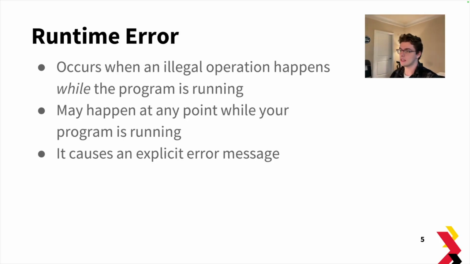That's this exact concept, a runtime error. It may happen at any point while your program is running, and it will cause an explicit error message, just like syntax errors. These are a little harder to find. If you have a large program with lots of different branching paths, say a user only goes down one path and not another, you may or may not see a specific instance of a runtime error.